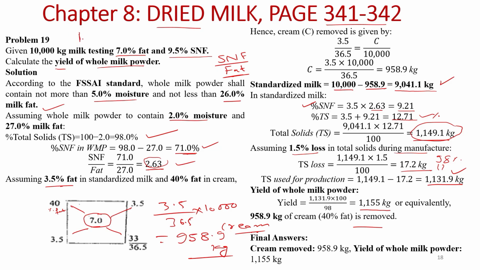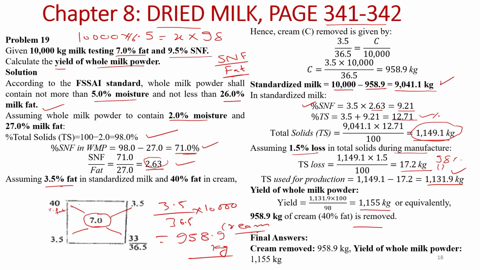Because we know that all of the TS is getting included, if you take the TS, that is 16.5, then it is equal to how much whole milk powder is obtained, say of desired TS, say 98%.